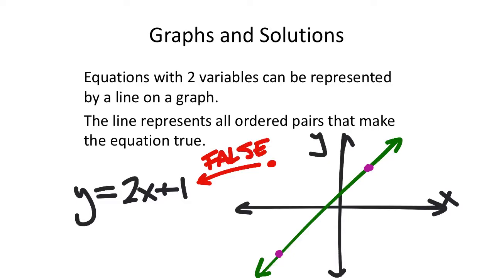All right, and any other of these red points is going to make that equation false. So only the points on that green line would make the equation true. Now that's pretty specific, but again, it creates a relationship which then can allow us to make some conclusions about how the two variables are related.